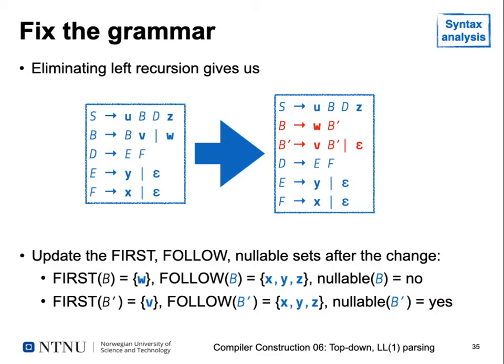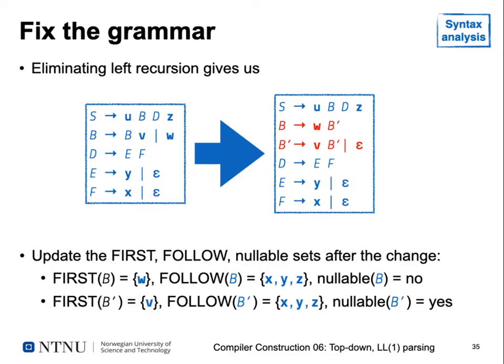Now, after we did this, we need to update the first, follow and nullable sets, because we have another production here. First of B, we now know, is always a W, because it's only one rule that starts with a W. Follow of B can be X, Y, or Z. B is not nullable. And for B prime, we now have to determine the first set.